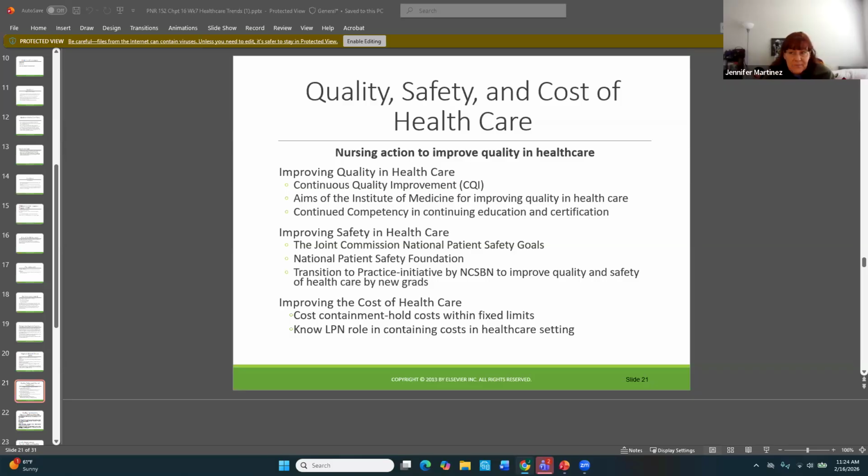And then for improving the cost of healthcare, cost containment, it's always going to be the biggest thing. We want to try to keep the cost down as much as possible. And so some of the things in your role as an LPN in containing costs: making sure that you're following your policy when it comes to charging clients for supplies used in their care.